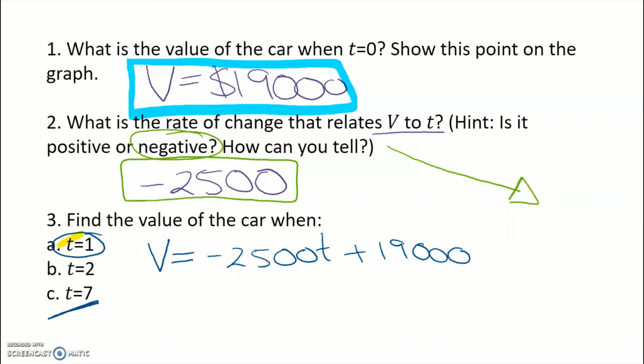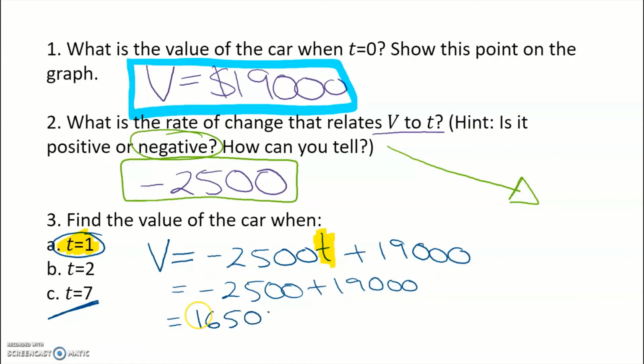What I mean by that is I'm going to put 1 in place of t and then calculate. So that equals negative 2,500 plus 19,000, or if you like, 19,000 minus 2,500, which is $16,500. So after 1 year, or when t equals 1, v, or the value, is 16,500.